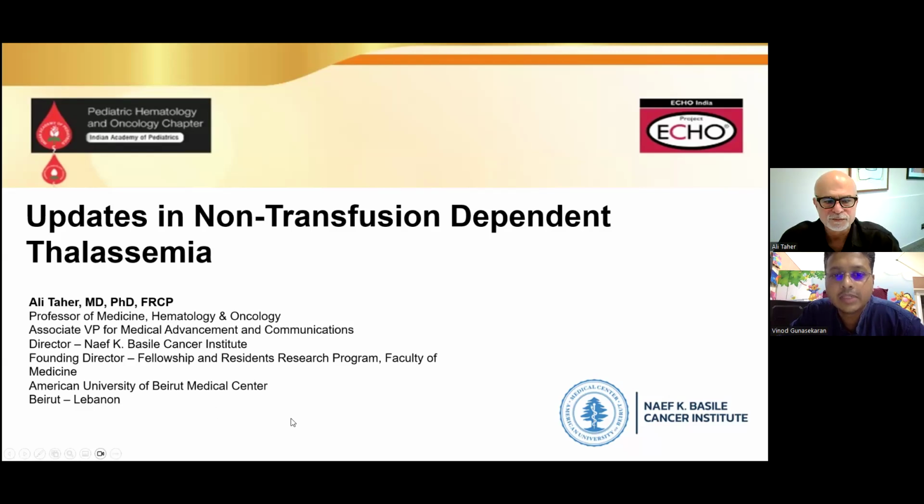Right. The next question is, what percentage of NTDT eventually become transfusion dependent, for various indications? It's a very difficult question. I cannot say exactly, but in my cohort, 30% of them became transfusion dependent. With age, if we don't intervene, almost all of them would become transfusion dependent. Because ultimately, if you don't increase the hemoglobin, if you don't chelate them, and if you have splenectomized them, at a certain time they will get most of the morbidities.